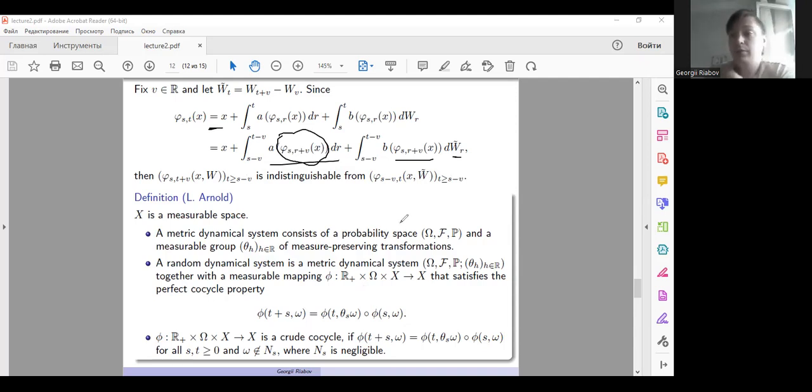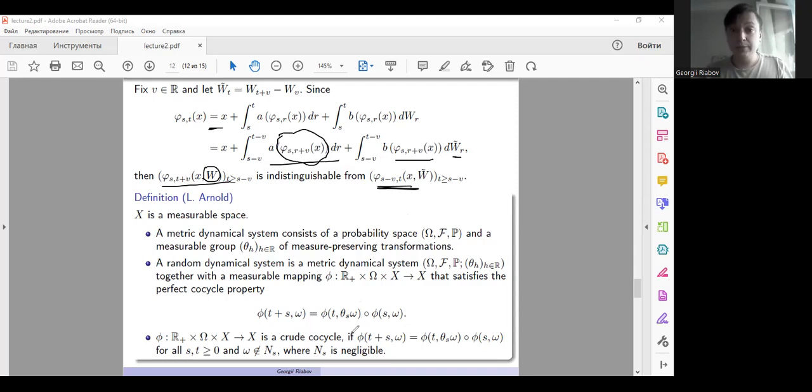By the uniqueness of solutions, we can deduce that the shifted process phi constructed by the Brownian motion W is indistinguishable from this process constructed by the shifted Brownian motion W. And this gives us something more than just a flow property.